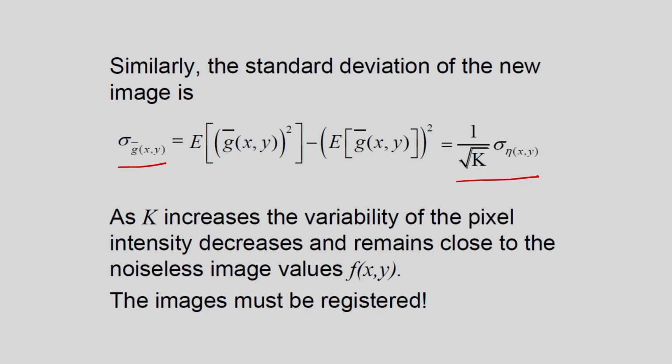If I increase k, the variability of the pixel intensity decreases and remains close to the noiseless image value f(x,y). So you can see, if I consider a number of images and take the average of this, then the noise can be reduced.